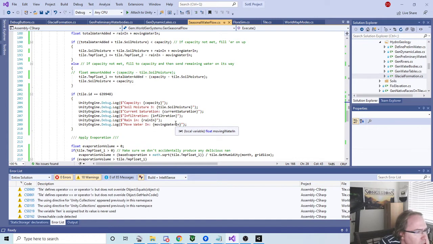Alright, so each phase should be logging out these values. Maybe I just... Okay, let's do this.